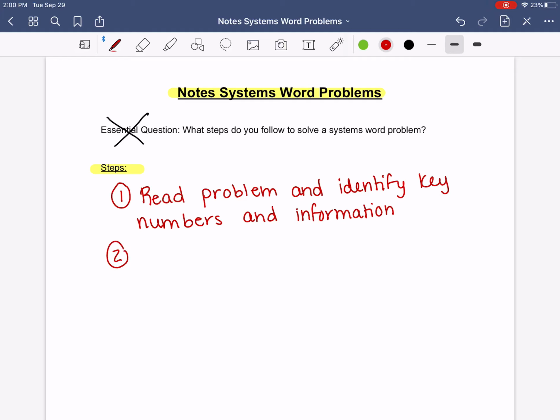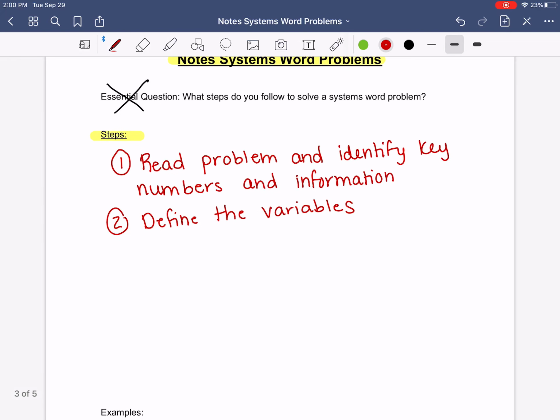Then you want to go ahead and define the variables. So with systems, you will always have two variables, and you want to define them so you know what they represent. The third thing is you're going to set up, or write, two equations using your two variables.